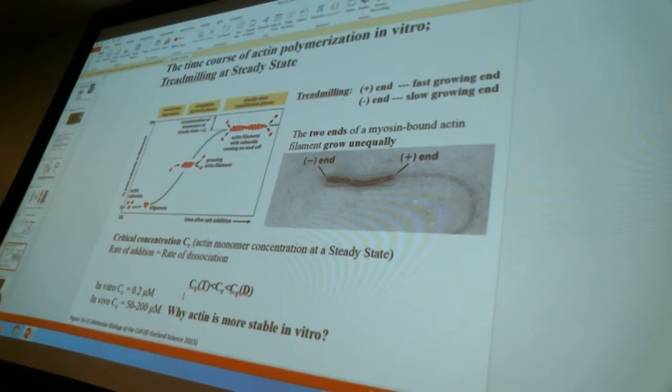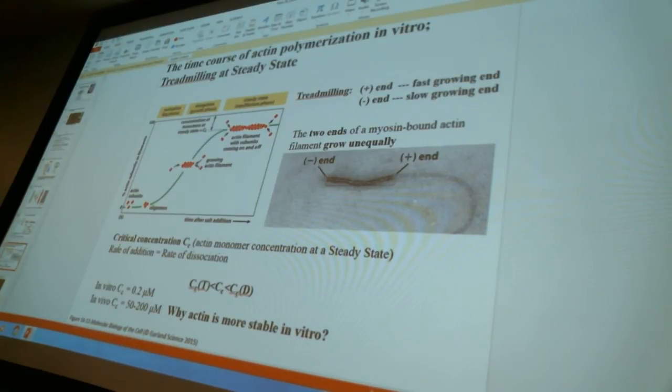That means that actin filaments are less stable and tend to retain monomeric form. Why is that? What helps to maintain this monomeric form? Does anybody know? In the cell, there are proteins that bind actins or things. Yes.